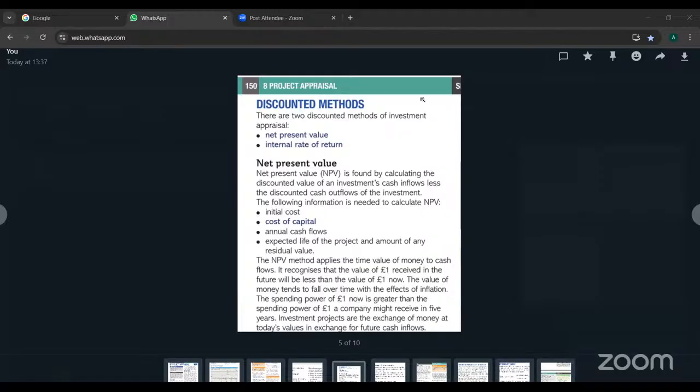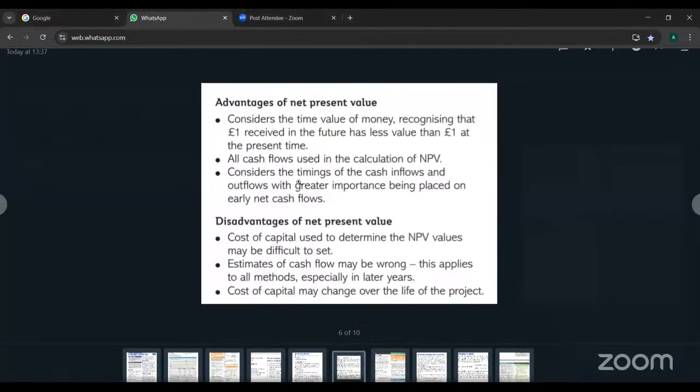Okay. So now I'll do the NPV calculation, before teaching you the advantages and disadvantages. Net present value is very easy. In the question, sometimes in a 55 marks question, they will tell you to find the net cash flow.